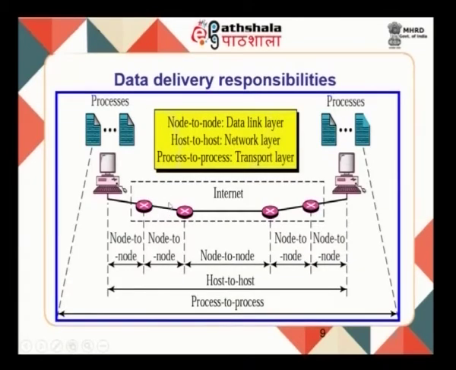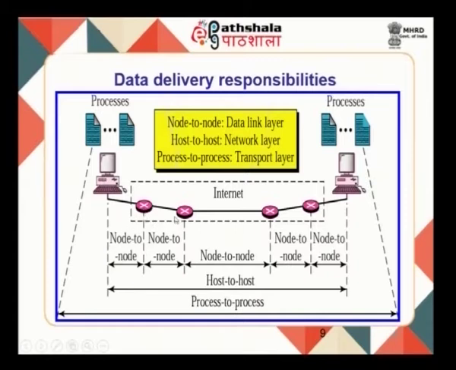Now, to highlight the data link layer, network layer and transport layer passing of data, you can see the data link layer is a node to node passing of information. So, when data is passed from an end node to the router, across this link you have a node to node communication.